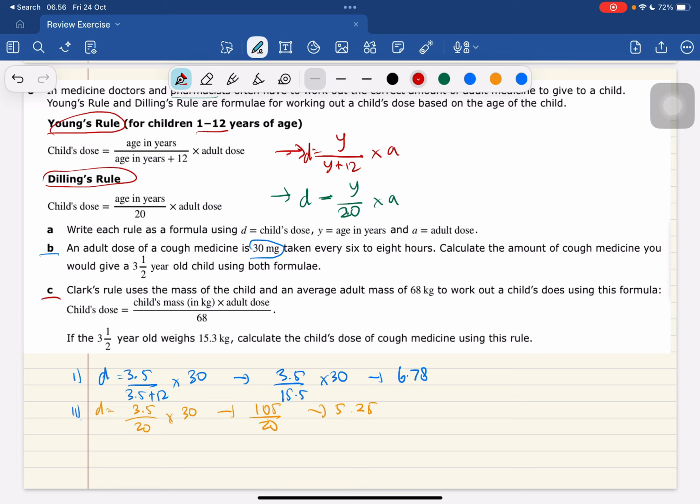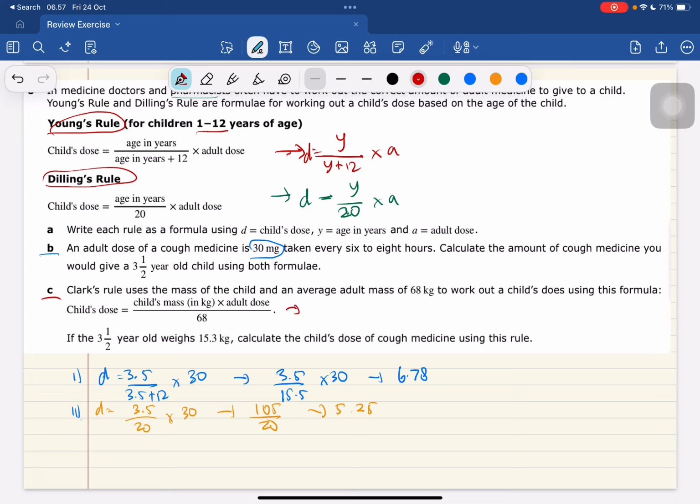Okay, next for C. Let's see for C, Clark's rule. Mass of child and average adult mass of 68. Work out the dose if the child is a given age and weight. So we can write it here.